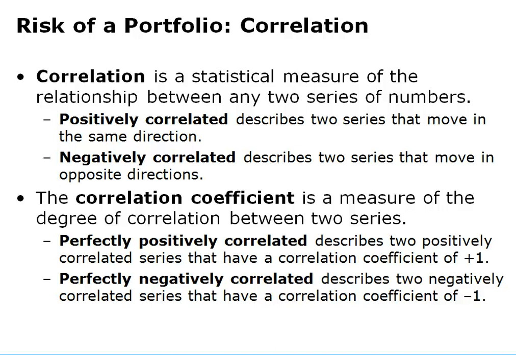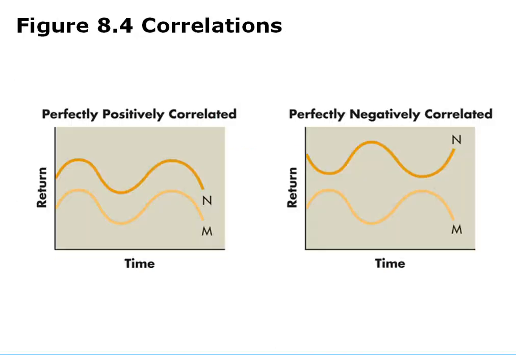A perfectly negative correlation would be a correlation coefficient of -1, and the two assets would move in directly opposite directions. The scale goes from +1 to -1, and we could have correlations anywhere in between.